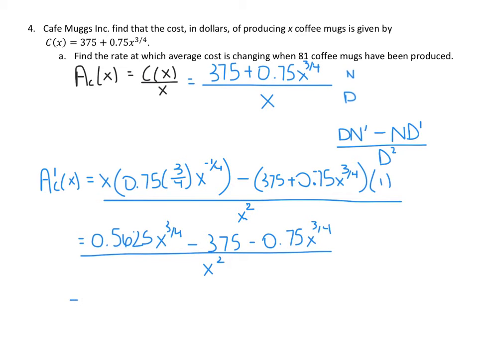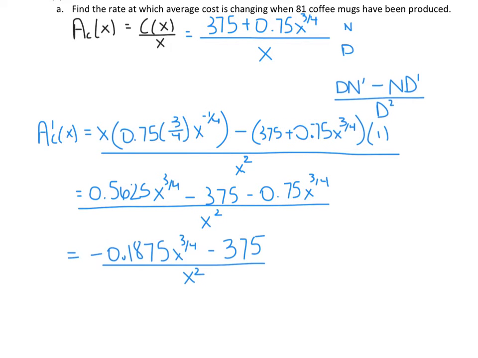Now we can combine like terms. We have 0.5625 x to the 3/4 minus 0.75 x to the 3/4. So we have a negative 0.1875 x to the 3/4 minus 375, all divided by x squared.